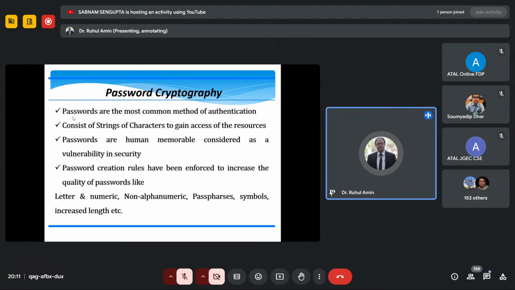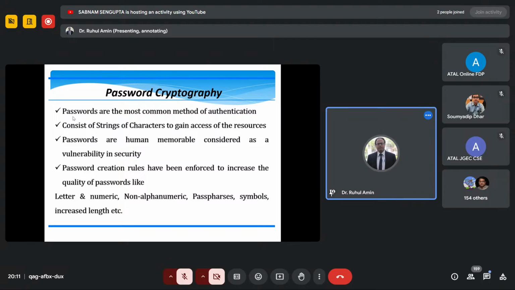For that reason, password creation rules have been enforced to increase the quality of passwords. Nowadays they will not allow easy passwords, for example 1 2 3 4 5 6, your name, or date of birth.